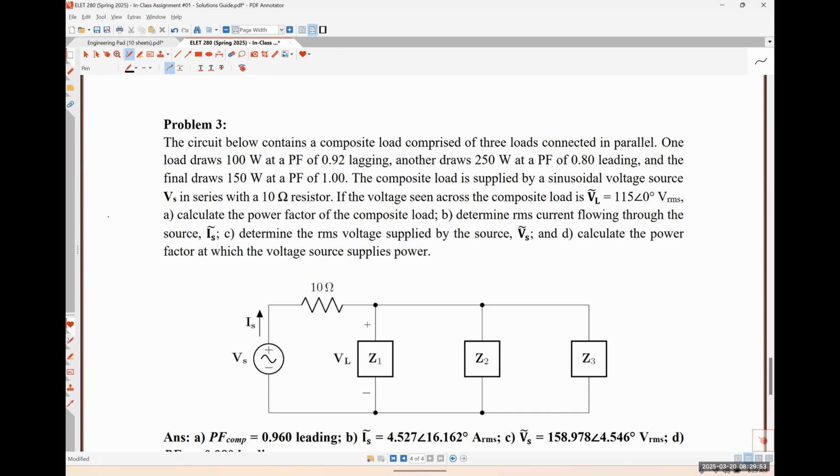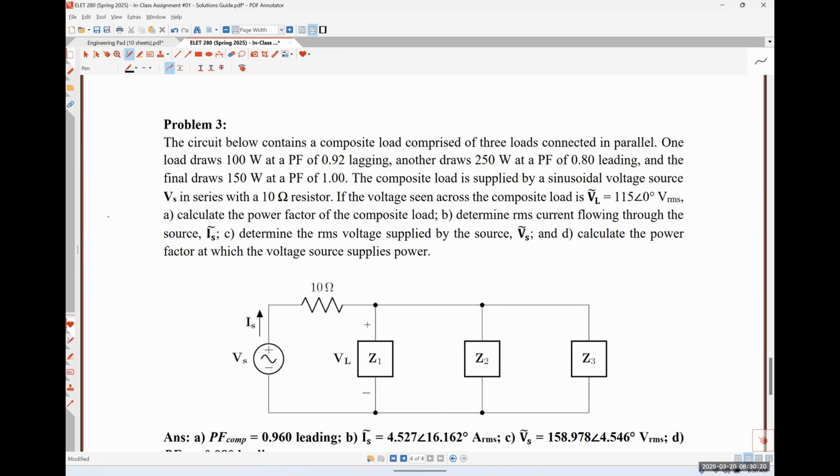So for instance, we're told that one load, let's call it the load Z1, is drawing 100 watts at a power factor of 0.92. Our second load is drawing 250 watts at a power factor of 0.8 leading. And our load Z3 is drawing 150 watts at a power factor of 1.